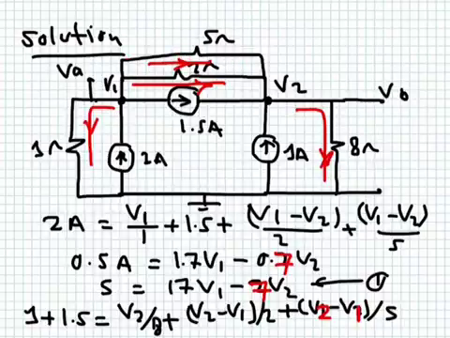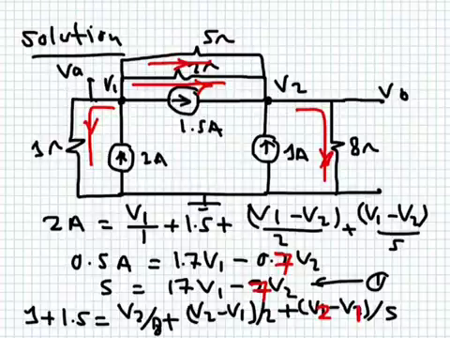And again, it doesn't matter if you have considered this current flowing from left to right for the first node and then from right to left in the second node, because this is the only difference here. This means you multiply the second equation by a negative sign, and multiplying an equation by a negative sign does not affect the solution of a system of equations.